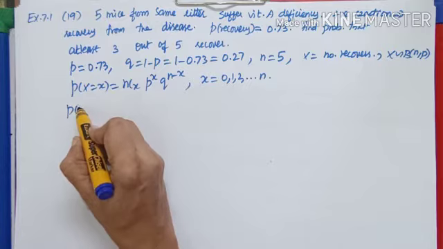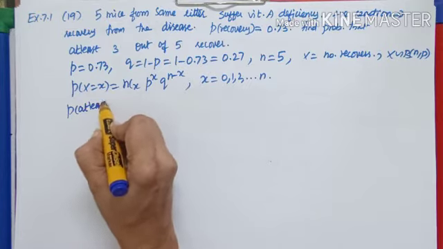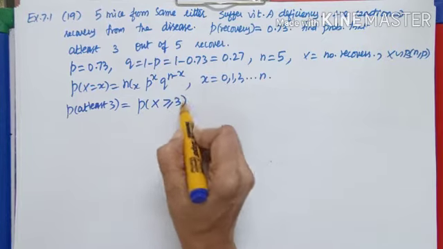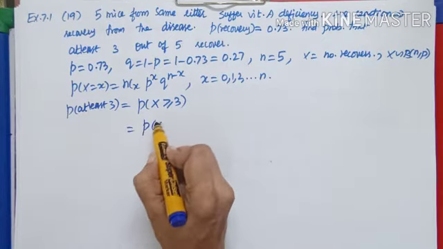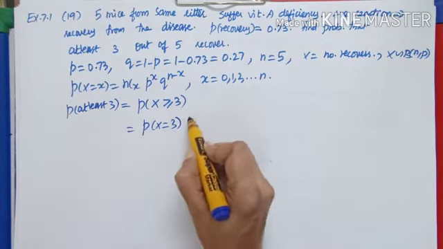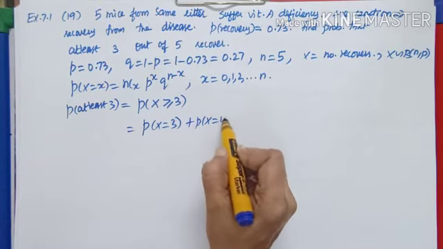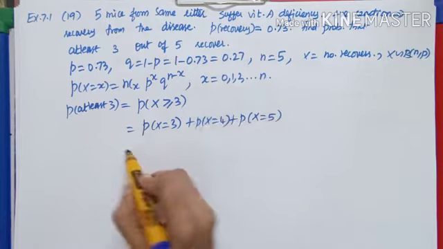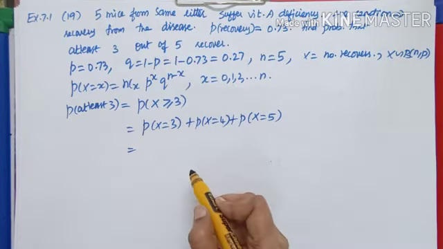I need at least 3. The words at least 3 tell me X is greater than or equal to 3. That is, X is equal to 3 or 4 or 5. Since there are 5 mice in the litter, X is 3 to 5.